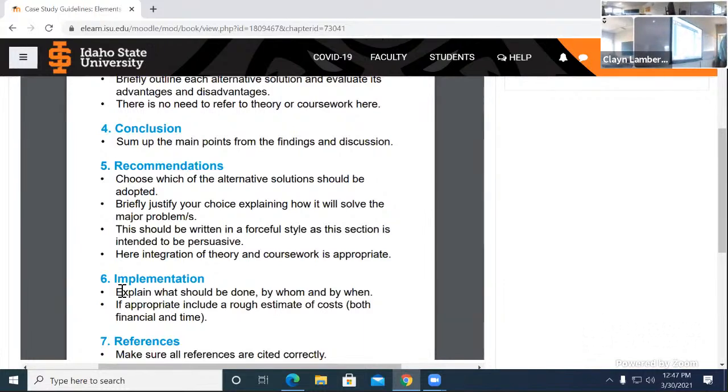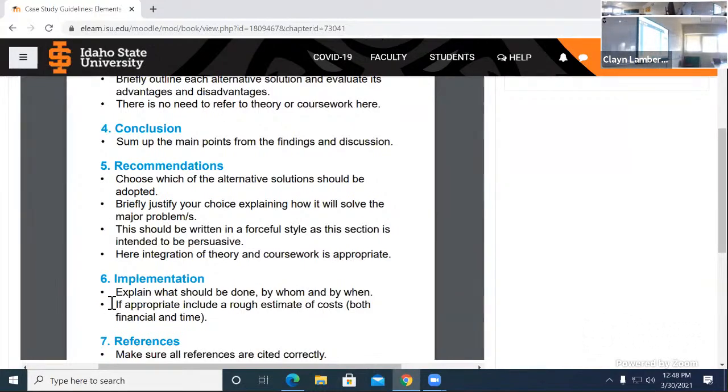Here's how the utilitarians would approach the legal minimum. Here's how deontologists would approach the legal minimum. Here's how justice might approach the legal minimum. Here's how an ethic of virtue might approach the legal minimum. So you're making recommendations. Here are different models and how they would approach this.